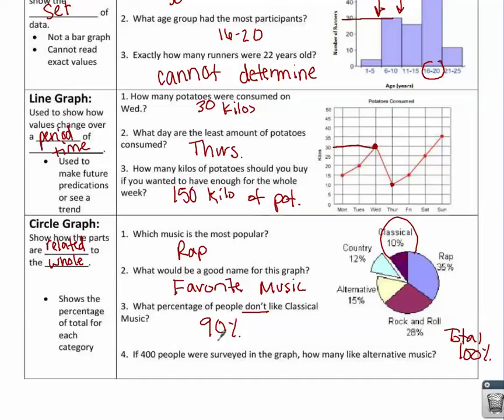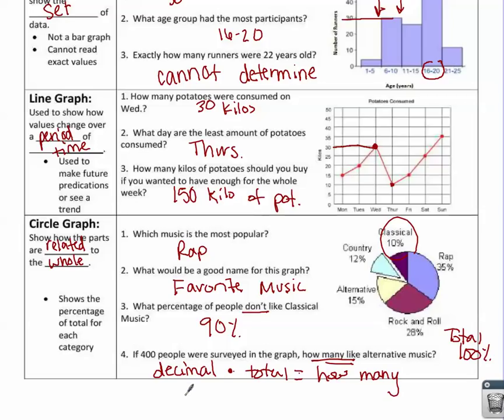If there are 400 people surveyed in the graph, how many like alternative music? So in order to figure out how many people, you want to take your percentage, make it into a decimal, multiply it by your total, and that will give you the how many.